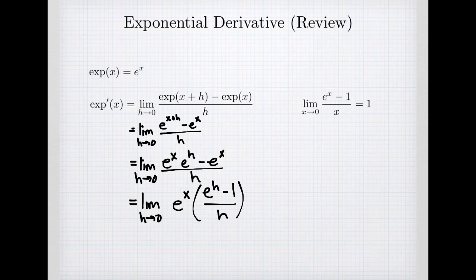So this limit is e to the x times 1, or just e to the x. And for every other base there was a logarithm factor. So we found the derivative, and the key step was using this identity. What we'll do now is the same idea for our trig functions.